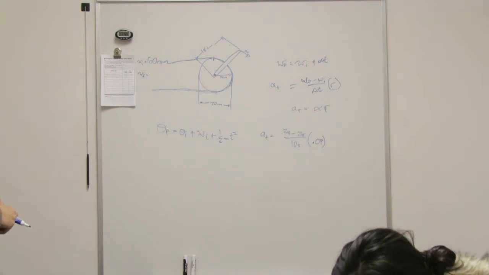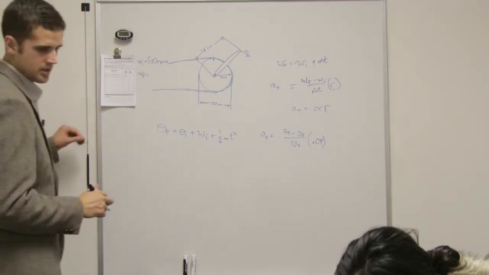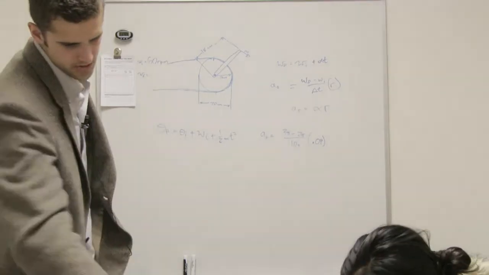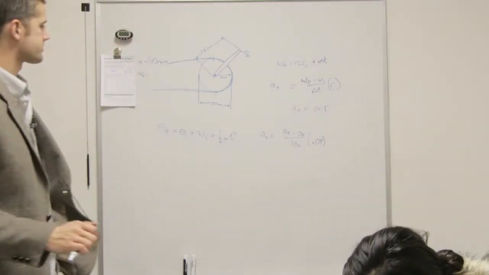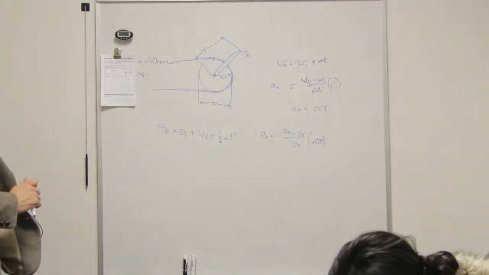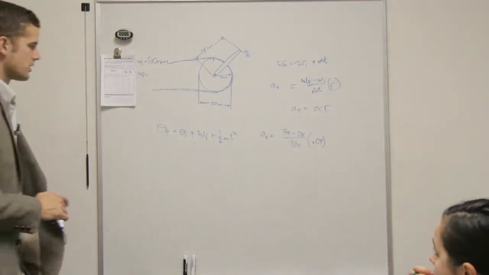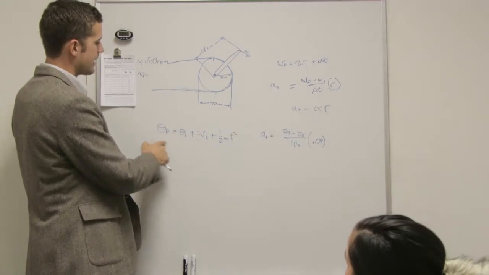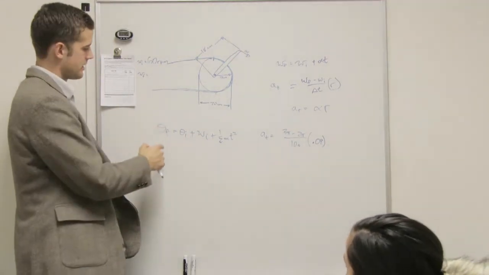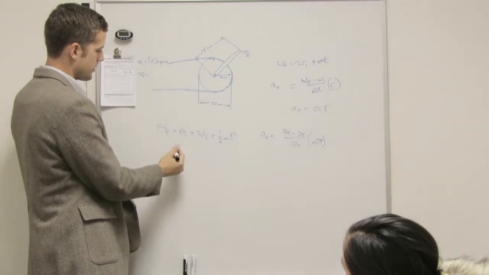So the final angle is what you're looking for, how many times it's gone around, right? The initial angle, what will we call it?